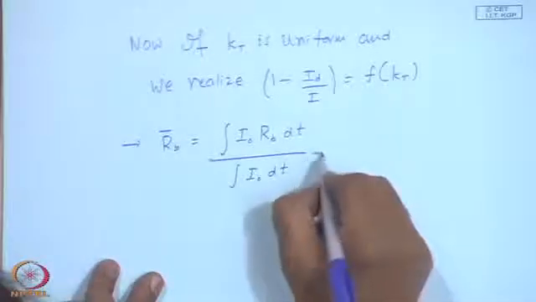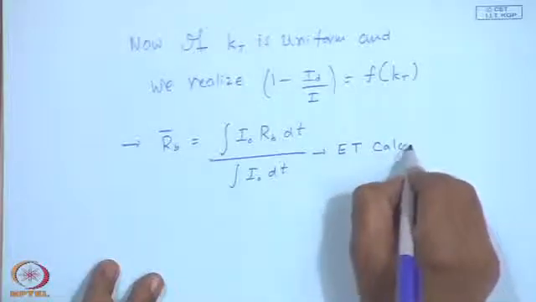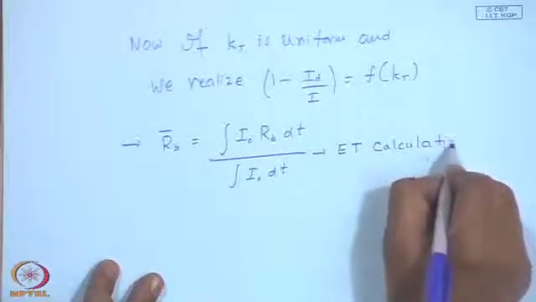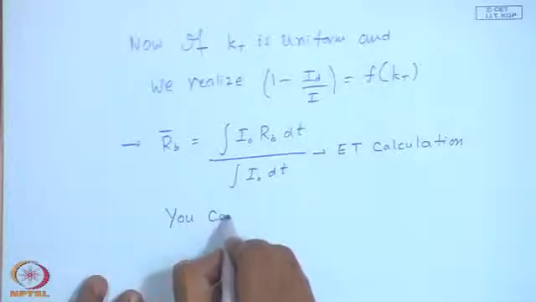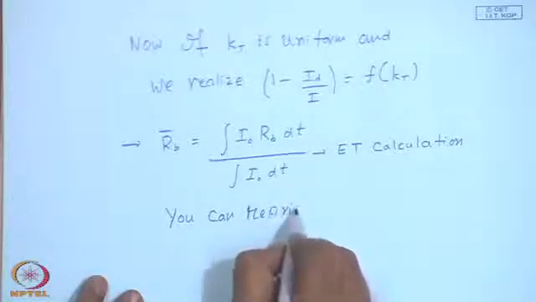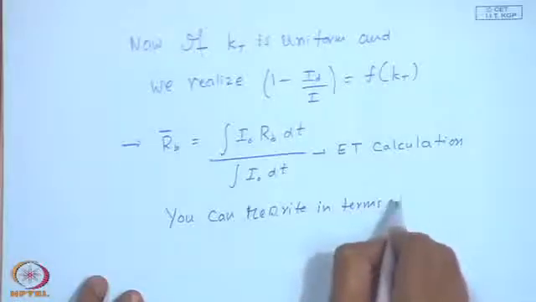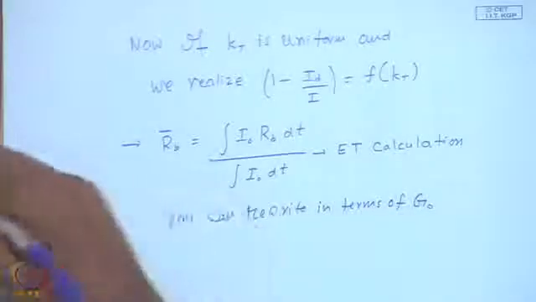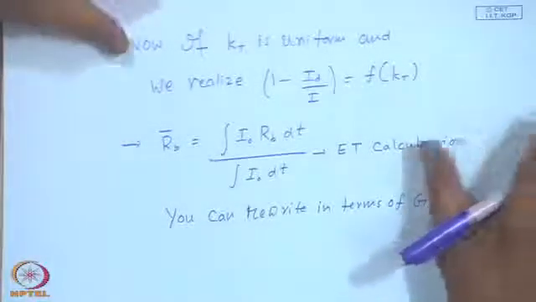That means it is an E t calculation. Again I can make it the intensity and bring back my old theory. Now, what did we achieve by showing this?